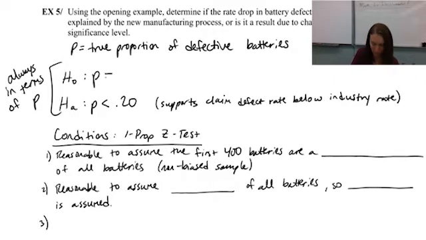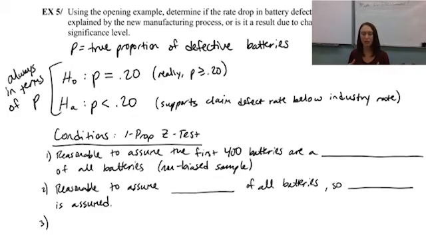Now, a lot of the time we just see equals, but really it's P is greater than or equal to 0.20, because the H naught and the HA, so the null and alternative hypothesis, have to cover all outcomes. So if our alternative hypothesis is less than 20%, then our null has to be greater than or equal to 20%. But most of the time that you see the null, it's written as just an equal sign, but it's actually greater than or equal to.